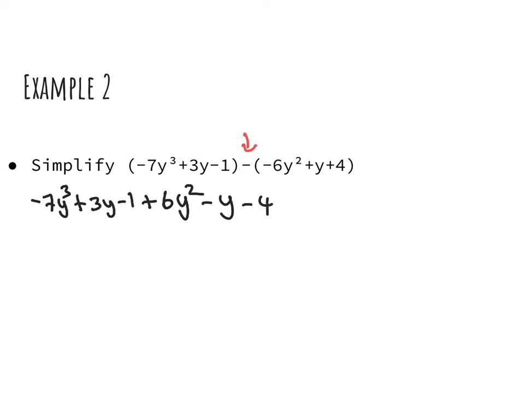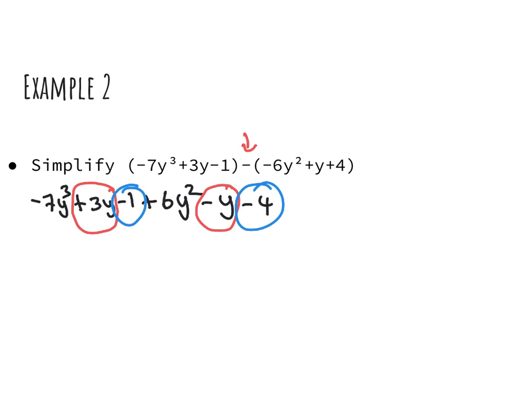I then look for any like terms. So the plus 3y and the minus y are like terms, and the negative 1 and the negative 4 are like terms. I'm also going to put a 1 in front of any variable that doesn't have a coefficient.